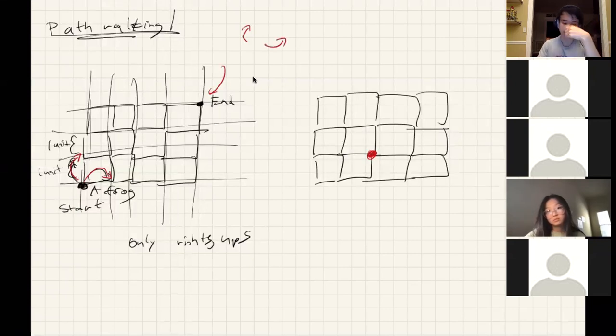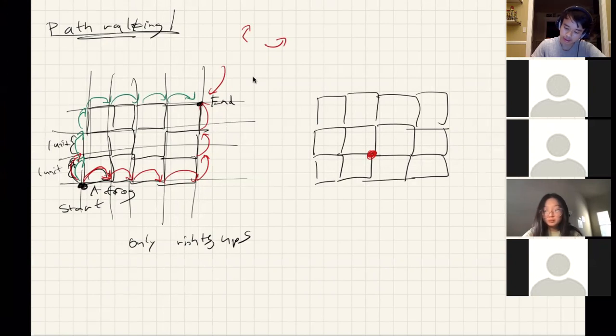One way to travel is a very boring path: go right 4 steps and up 4 steps, like this. Another path, also very boring, is go up 3 steps and then right 4 steps.